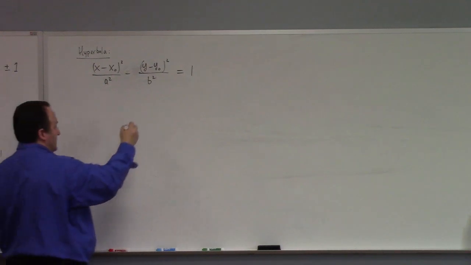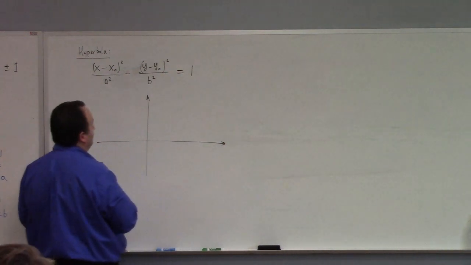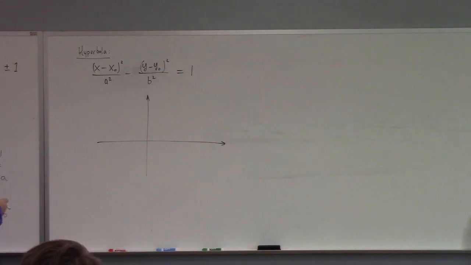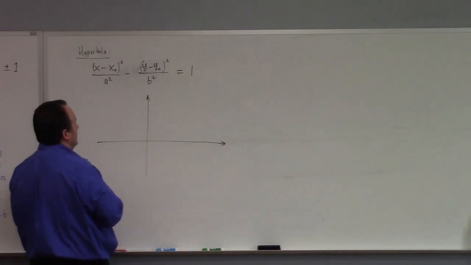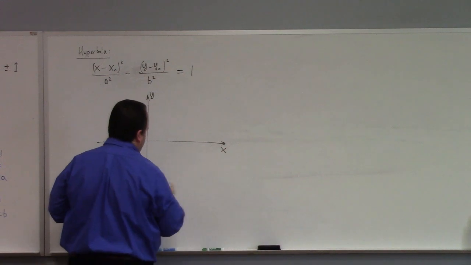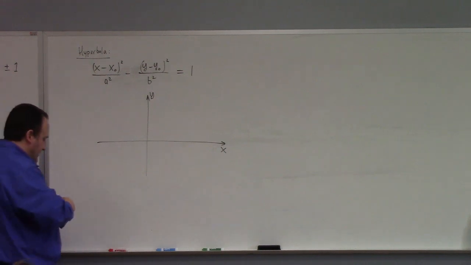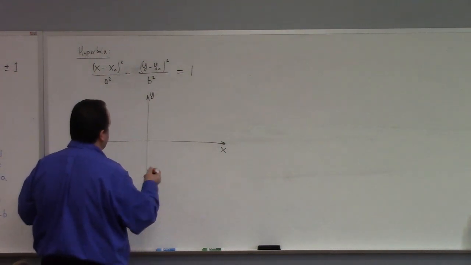So to graph this, there's some kind of center point. I'm debating whether or not I should put the center point at the origin again here. Yeah, I probably should. So for the sake of the graphing here, let me put the center at the origin again.